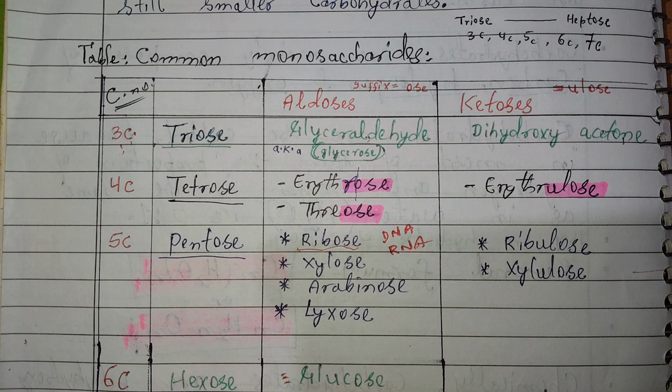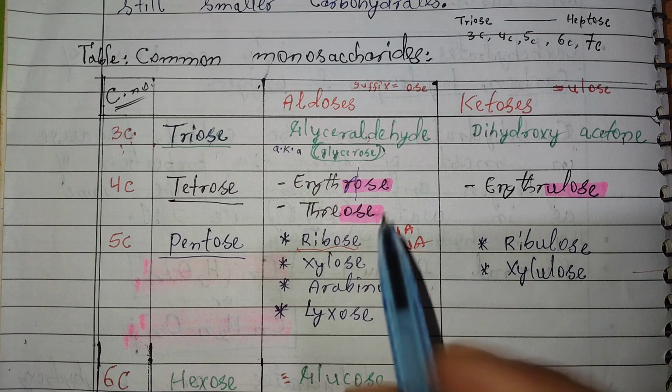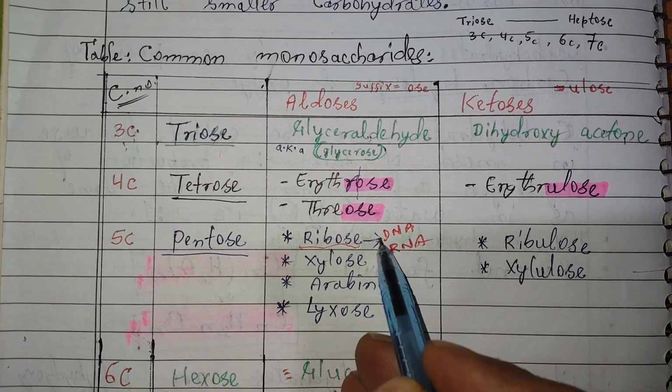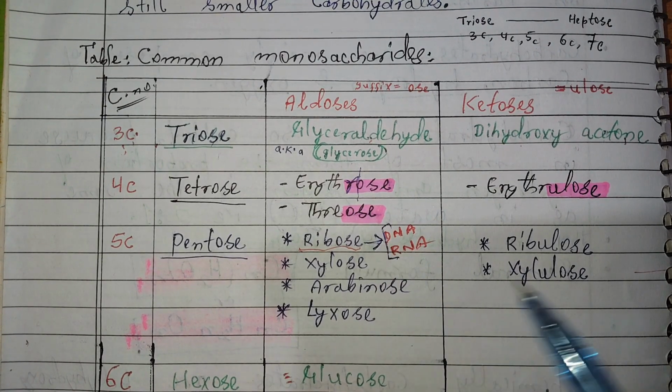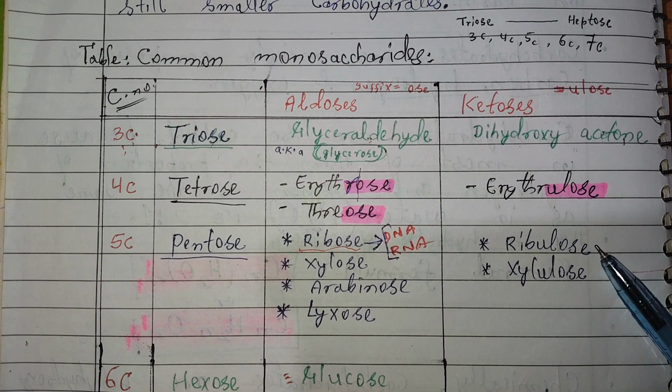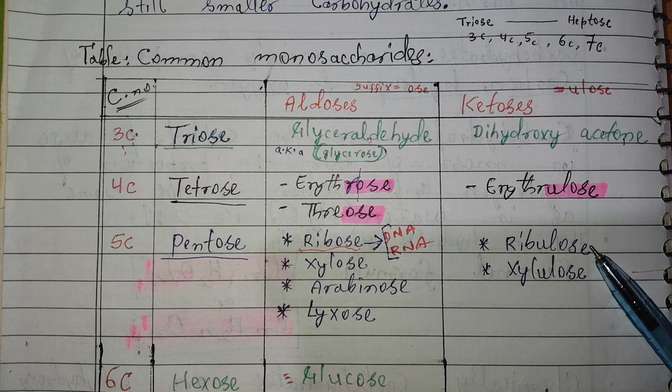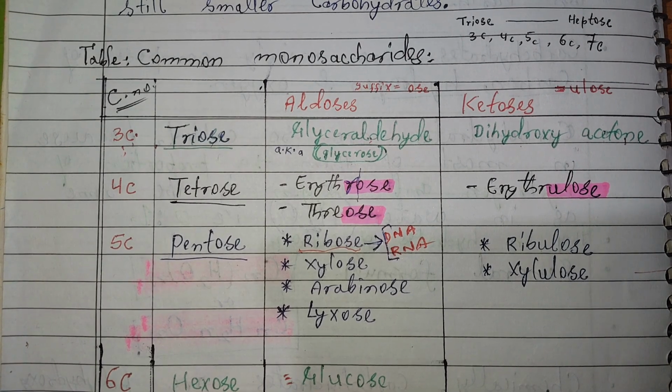Ribose is the 5 carbon sugar found in our nucleic acids, DNA and RNA. The ketonic pentoses include ribulose, xylulose, etc.